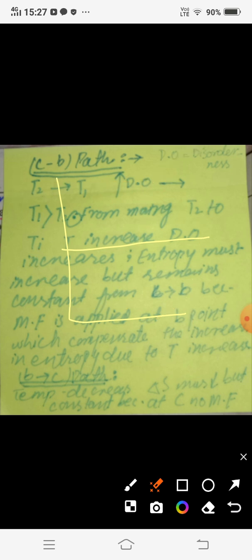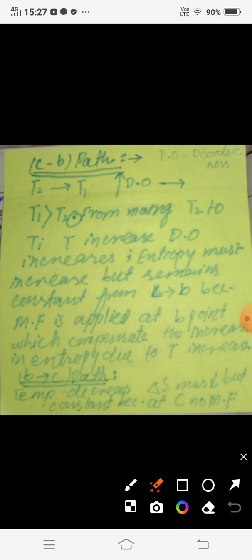Why has this happened? We will study it. The entropy remains the same when moving from C to B because a magnetic field is applied at B, which compensates the increase in entropy due to temperature. Yes, temperature increases, entropy increases. But at the B point, as shown in the diagram, entropy is not increasing, it remains the same as at the C point, because at B the magnetic field is applied.